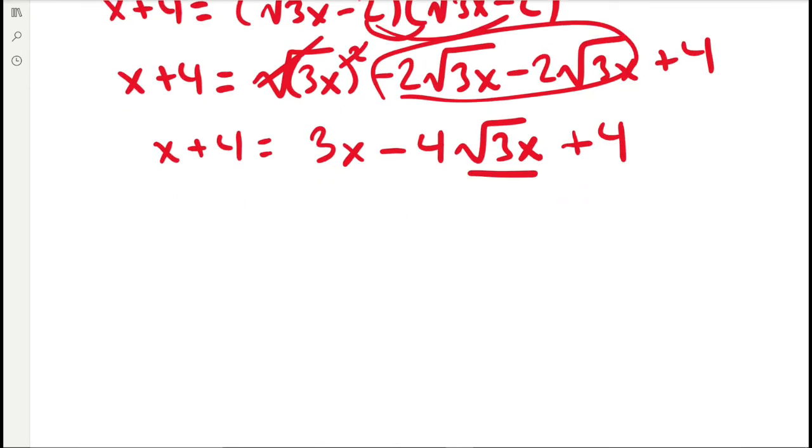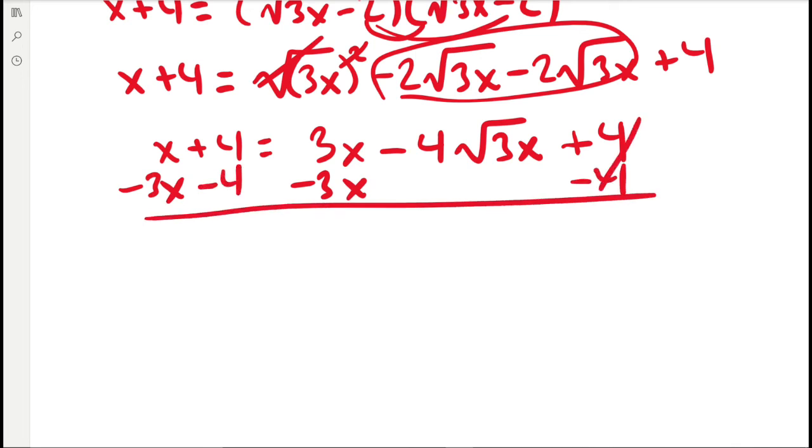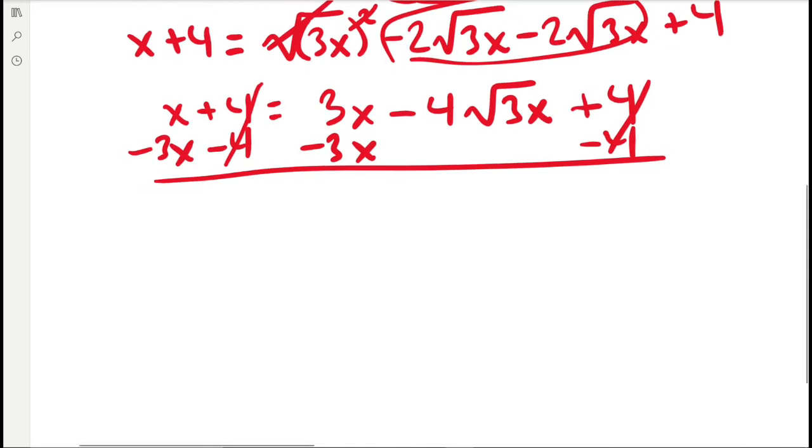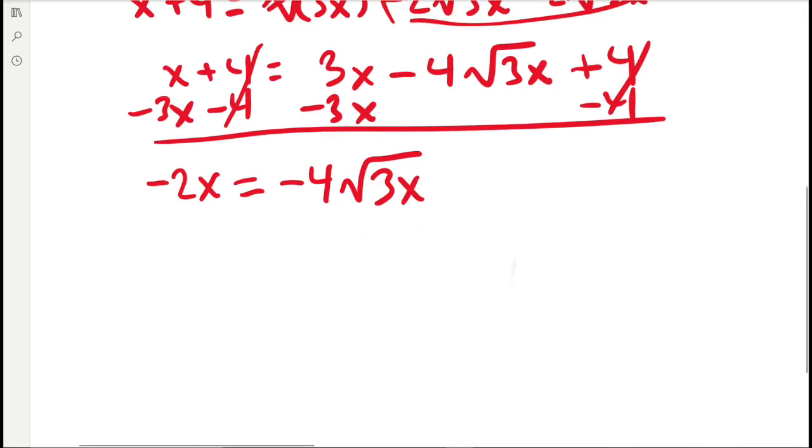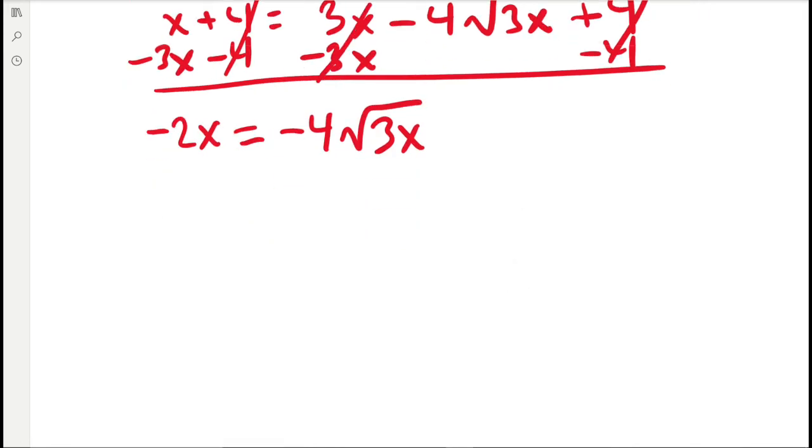We want to eliminate it, so let's move the 3x over to the left-hand side, and let's move the 4 over to the other side as well. Again, the 4 cancels out, which is very nice. x minus 3x is negative 2x. So we get negative 2x equals negative 4 square root of 3x. This cancels out, of course.